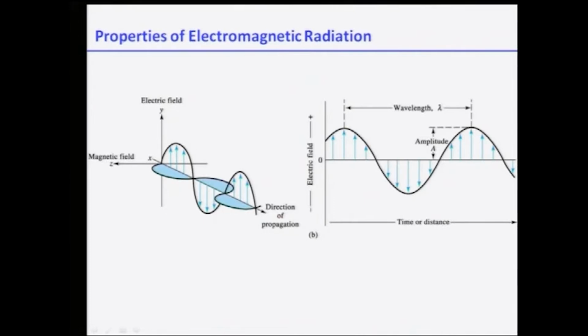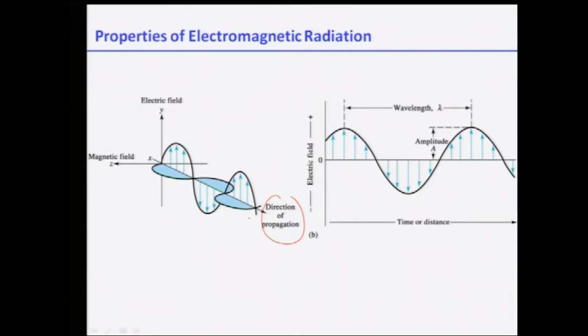So by a schematic diagram I can say that any electromagnetic radiation comes at a 90-degree angle from the electric field and the magnetic field. So if x and y are the two directions of the electric and magnetic fields, then the radiation comes in a different direction, the z direction, which is known as the direction of propagation.